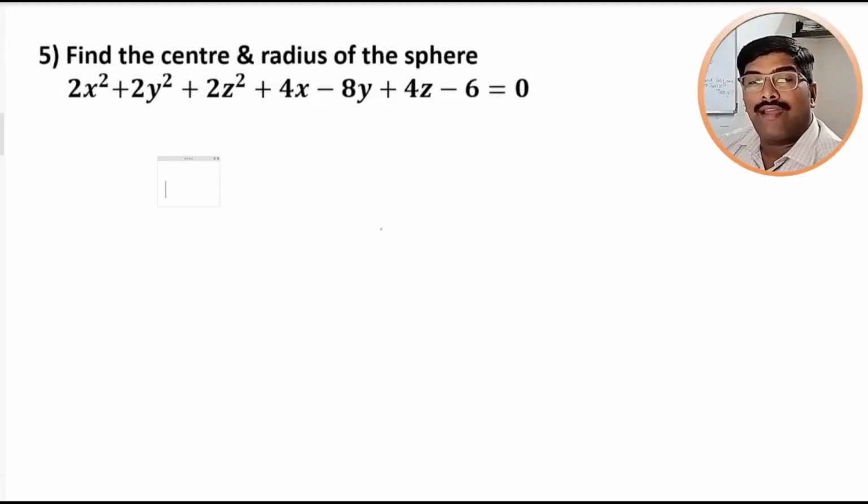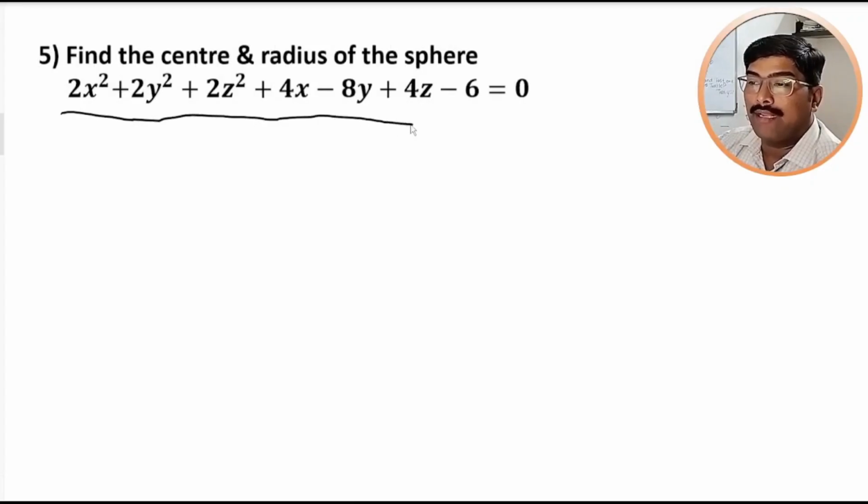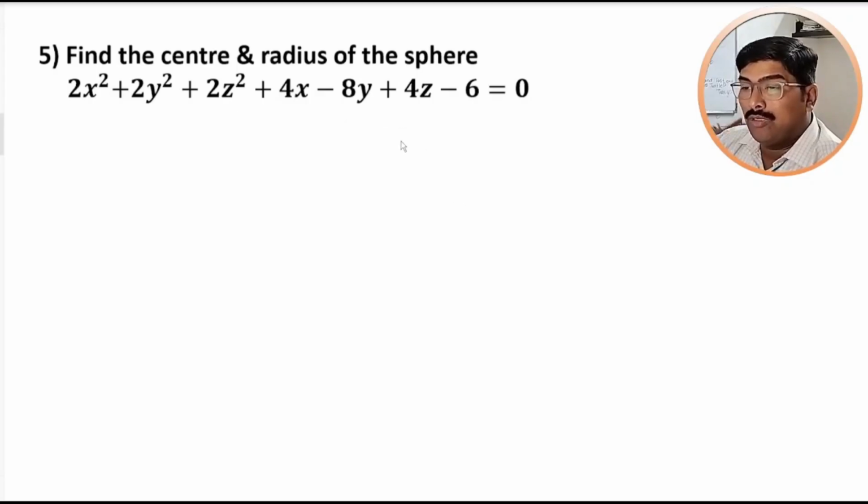Find the center and radius for the sphere 2x square plus 2y square plus 2z square plus 4x minus 8y plus 4z minus 6 is equal to 0. So to find the center and radius of this given sphere, we have to compare with the general form. So before comparing with the general form, we have to see that the coefficient of x square and y square and z square always must be equal to 1.